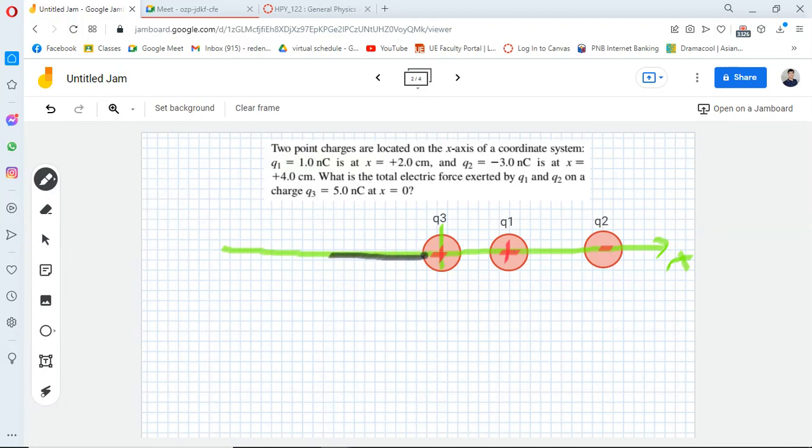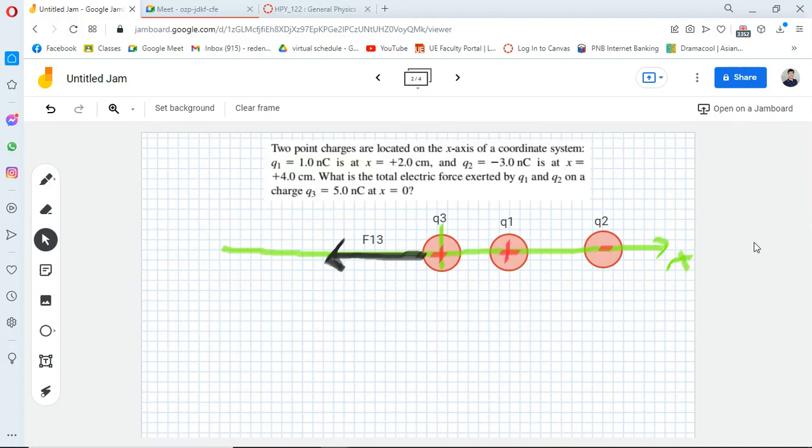Okay, kaya maka-experience siya dito ng repulsive force. Okay, ganito ang kanyang direction. Tama? At pag nilabelan natin, it is labeled as F13. Tama, no? This is the force on 3 due to 1.